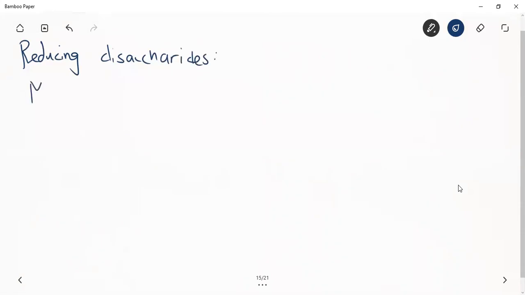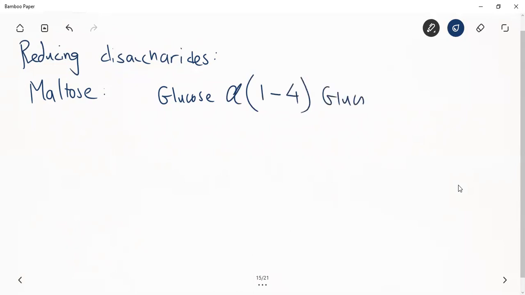Take the example of maltose. Maltose is a disaccharide of glucose. The bond is glucose alpha 1 to 4 glucose.